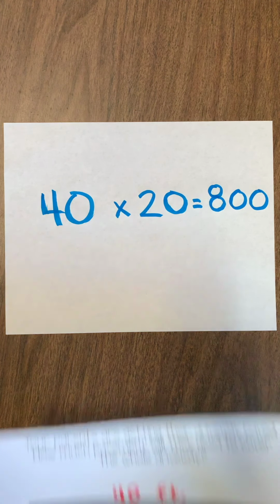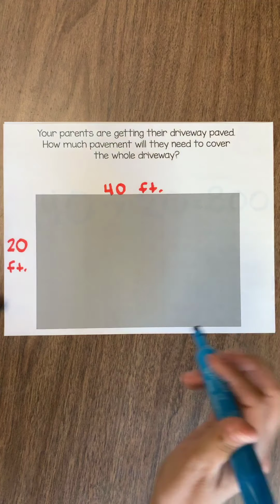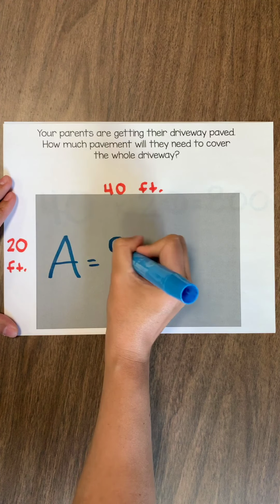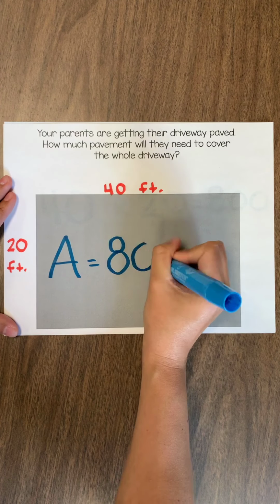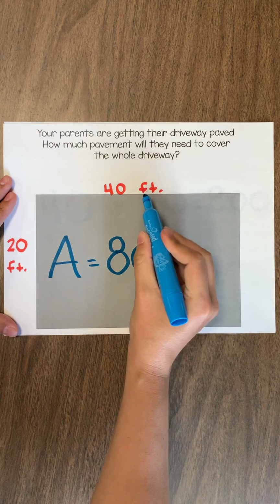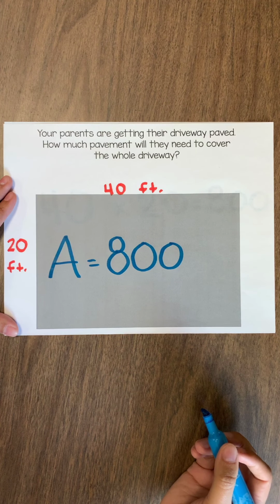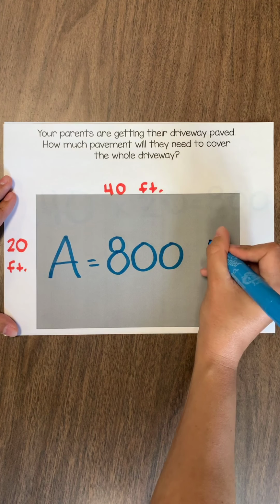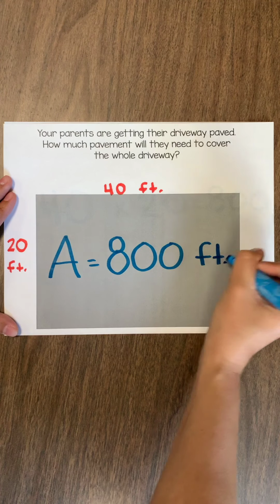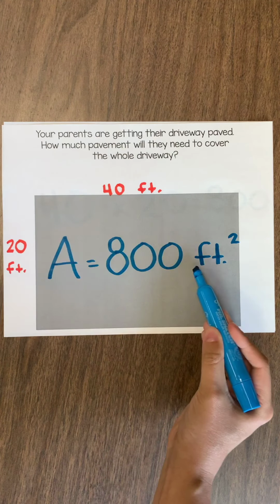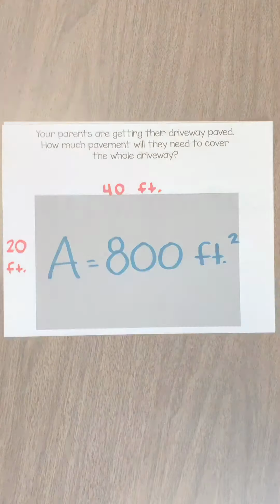So if I look back at my problem here, I now know that the area of this driveway is 800. But I want to properly label it. So I know the unit was feet, and I know that area is always measured in square units. So it would be square feet. And I'm going to abbreviate mine. So the area of the driveway is 800 square feet.